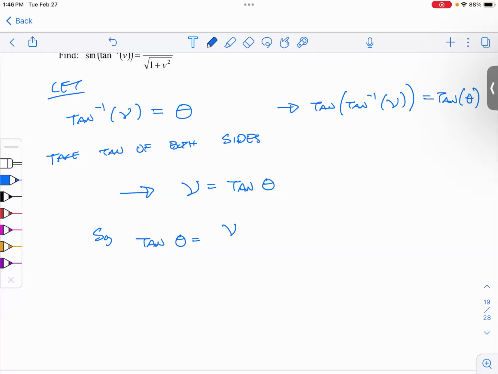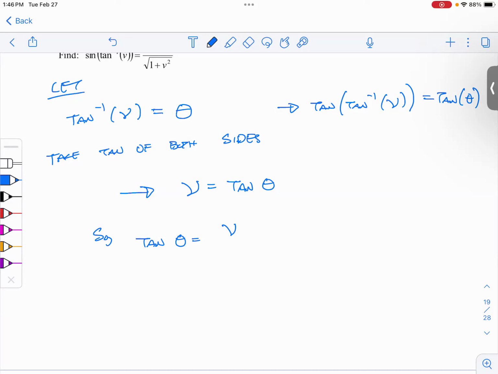And so tan theta equals V. But remember, with all trigonometric functions of an angle, we don't usually write them as a single value, we don't write them as an integer.